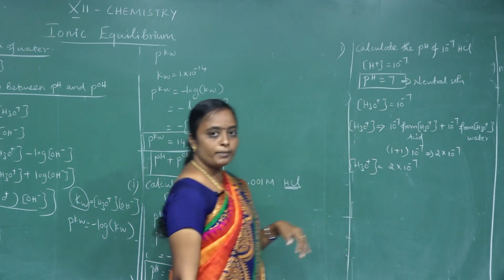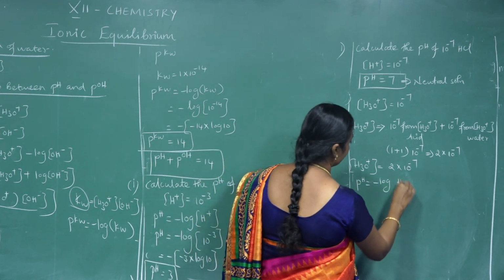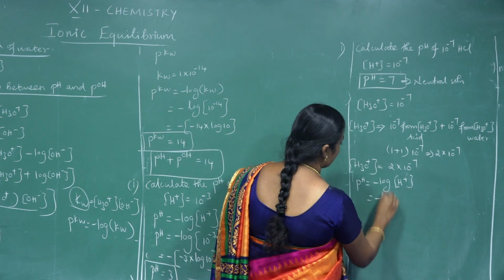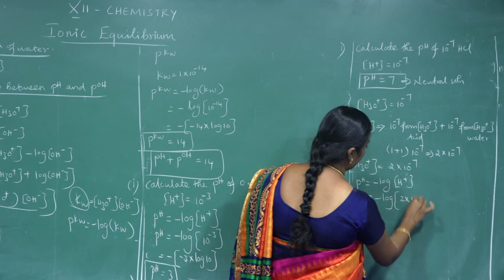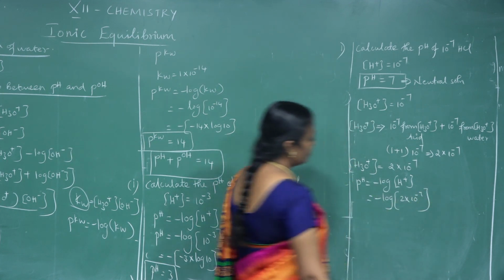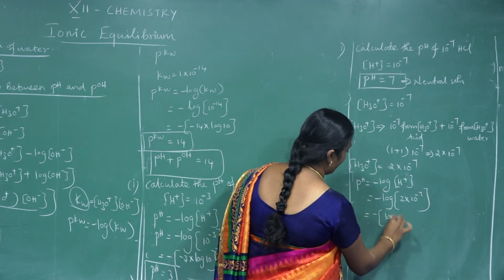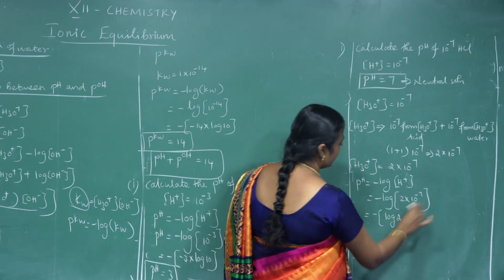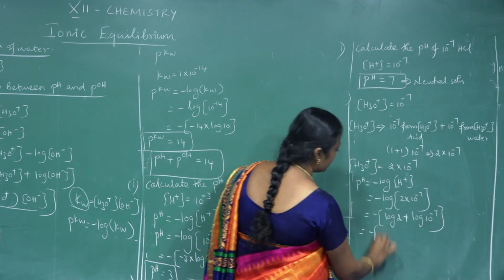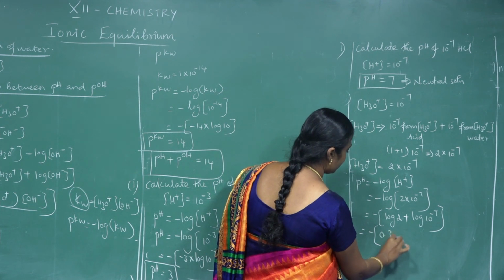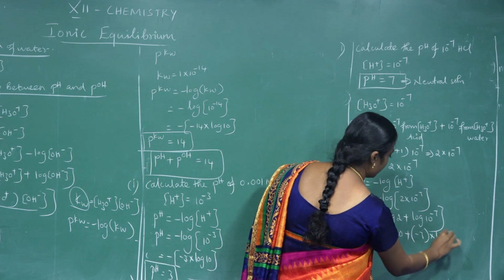So, next we have to apply the formula. The formula is pH is equal to minus log of H plus. So, the hydronium ion concentration will be 2 into 10 power minus 7. Here we are just taking log inside, so minus outside, log 2 and log 10 power minus 7. So, next, minus log 2, you know, is 0.3010, plus minus 7 into log 10.